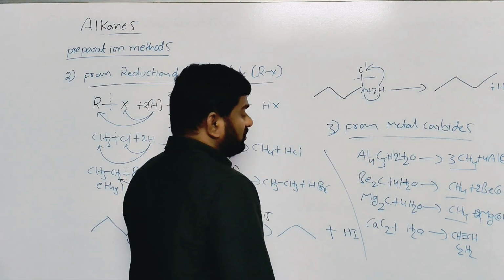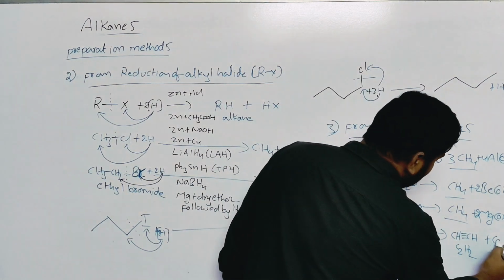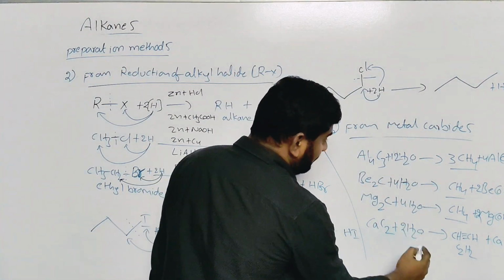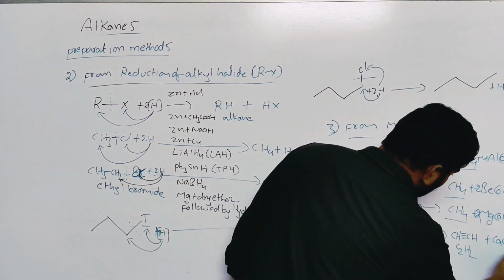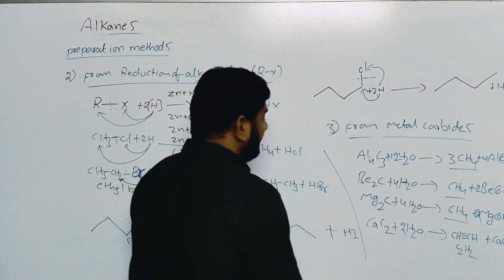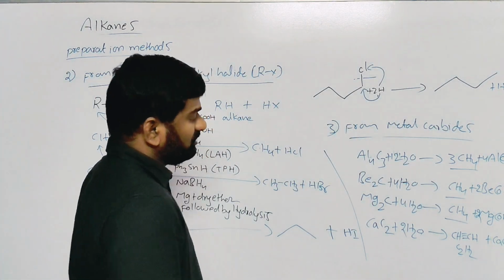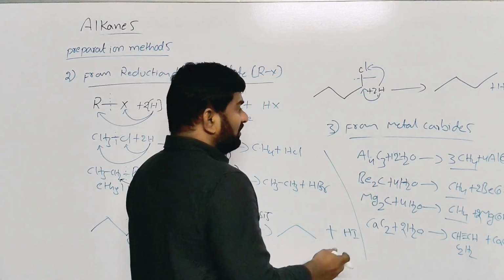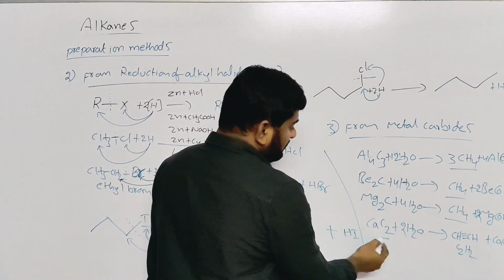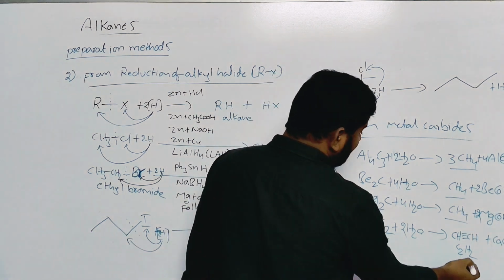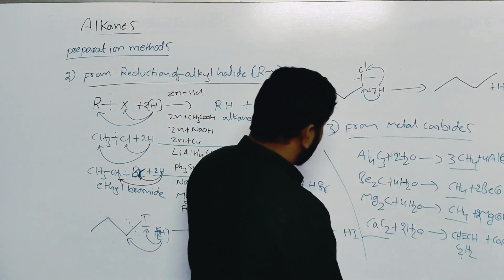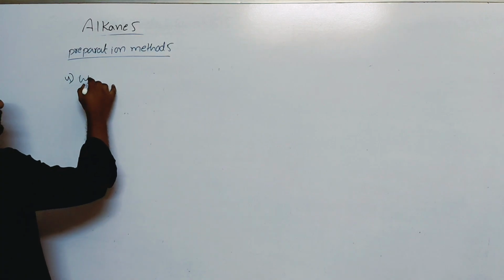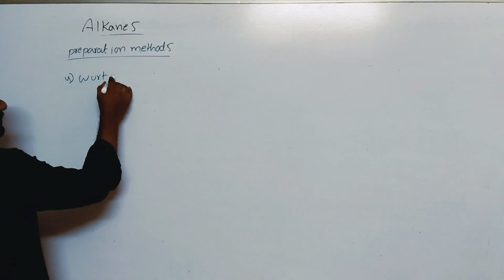The formula is C2H2, an alkyne it is giving, and the remaining part will be removed as Ca(OH)2. So you have to remember which of the following carbides will not give methane. The last one, CaC2, is giving alkyne, not methane. Fourth method, very very important one, Wurtz reaction.